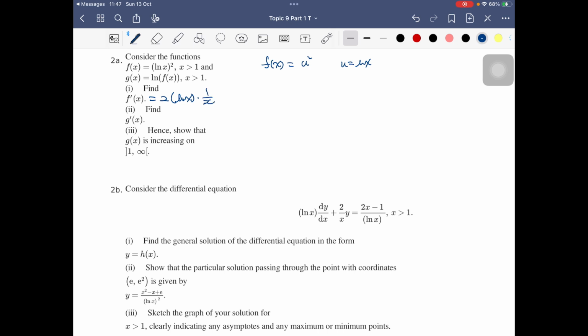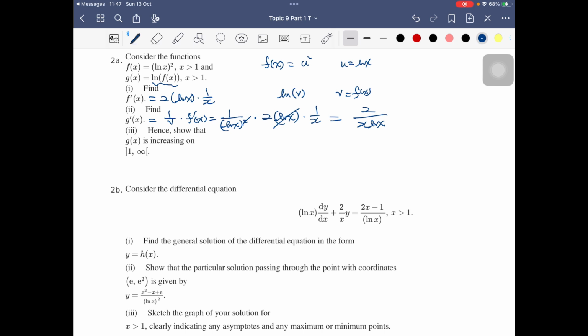So this is f prime of x. For g, we again have ln of something, let me call it v, where v is f of x. So g prime of x is 1 over v times f prime of x, which is 1 over f of x times f prime of x, 2 ln x times 1 over x. So now, simplified, g prime of x is 2 over x ln x.